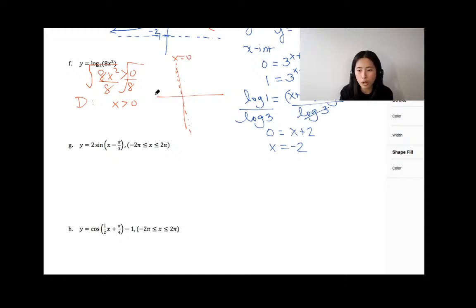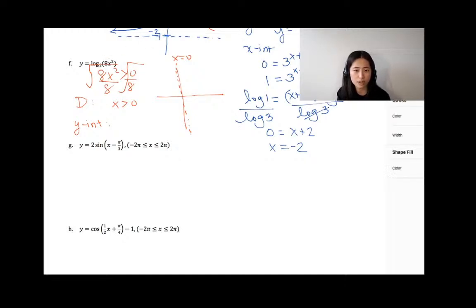And then we have to figure out our x and y intercepts from there. We don't have any horizontal asymptote here, so first let's figure out our y-intercept. If you plug in 0 in your x squared, you're going to see that it's 8 times 0, so we cannot have this as 0.